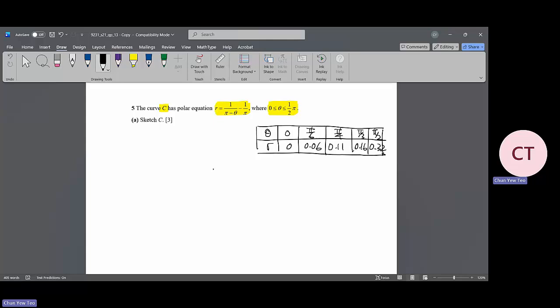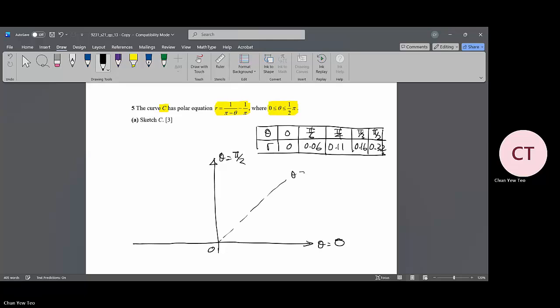So what you can do here is on the space given, you just need to draw the diagram carefully. Theta equal to 0, theta equal to pi over 2 here. This is the pi over 4. Then this is the pi over 6. Then this one is the pi over 3.